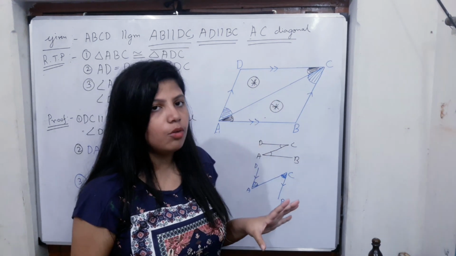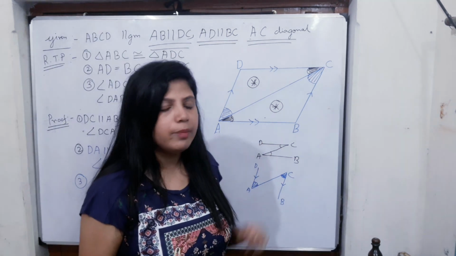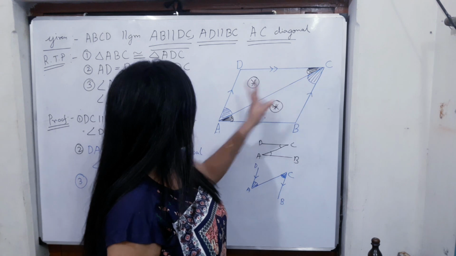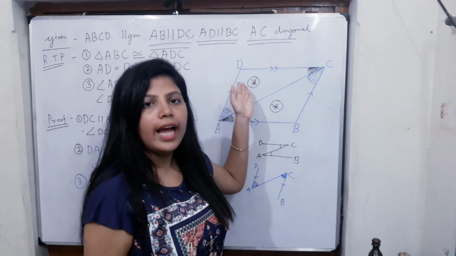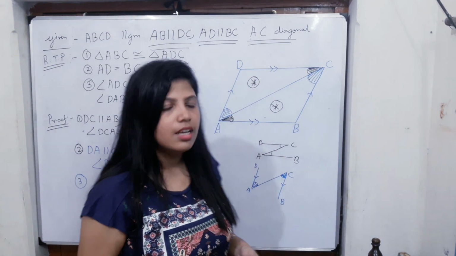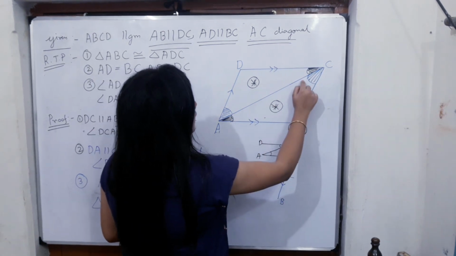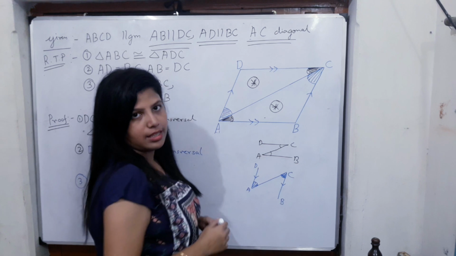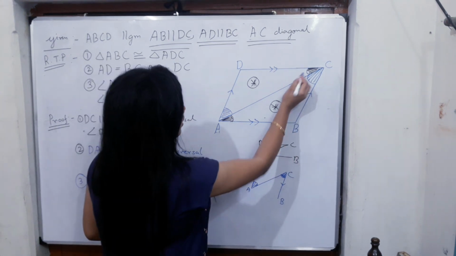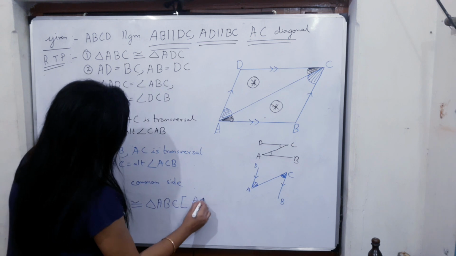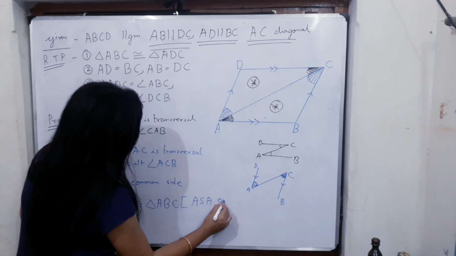Please note it down. It is not angle, angle, side, because then it will be two angles and another one side. I have not taken the third side here. So I have taken two angles and this side is included between these two angles. So it is called angle, side, angle. So I will write it down here: ASA congruency.